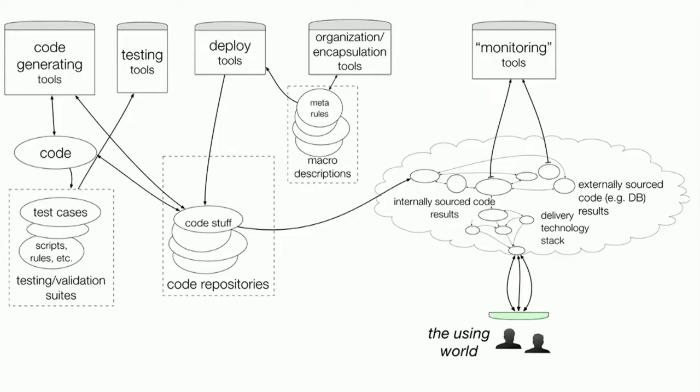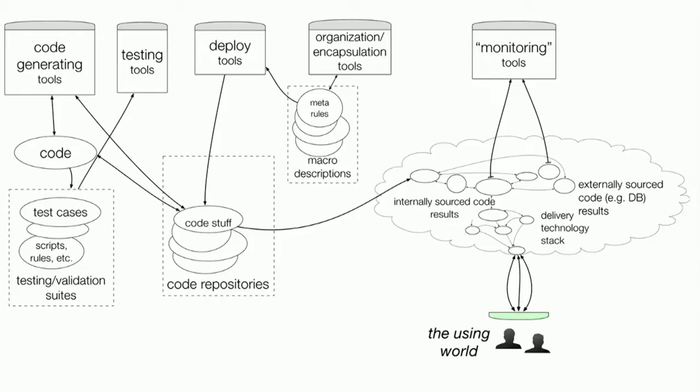We have testing tools, monitoring tools, deployment tools, all wired up. You could say that this is the system, because many of us spend our time focused on those things that are not inside the little bubble, but all of the things around it.